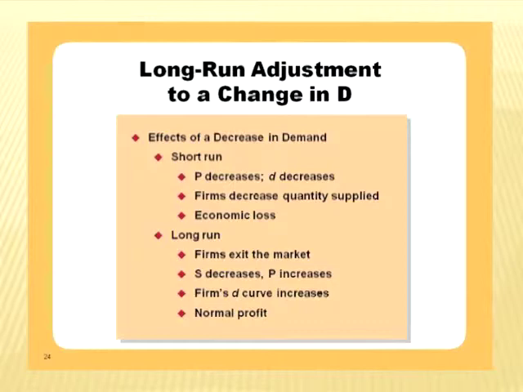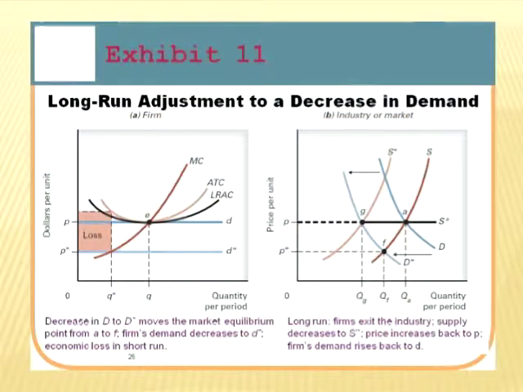The price would decrease, the demand would decrease, firms would lose money and exit the market until we got back to a normal profit again. So here, instead of going from G to A, now we're going from A to F to G again. And this is known as a constant cost industry.